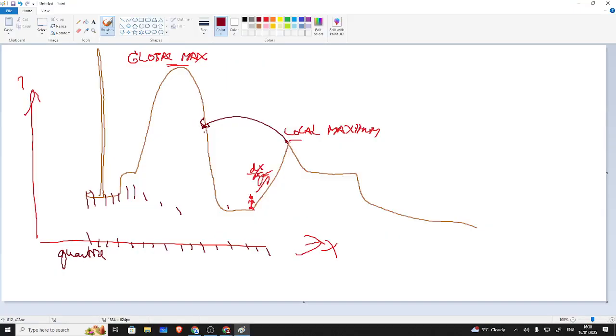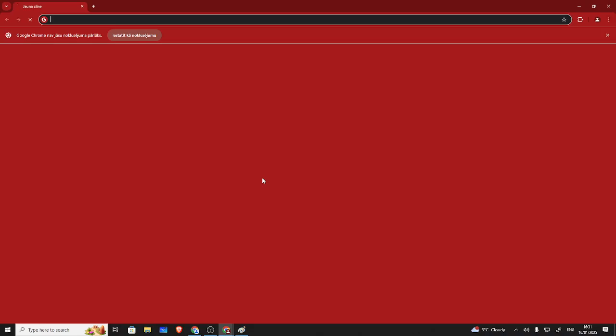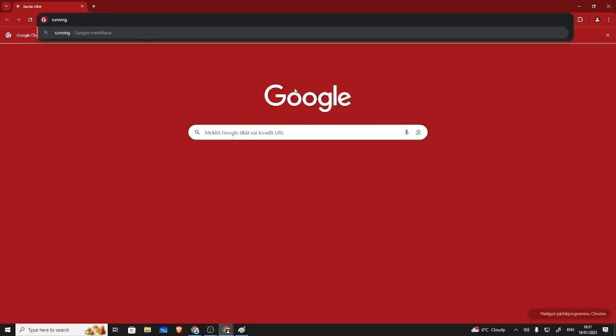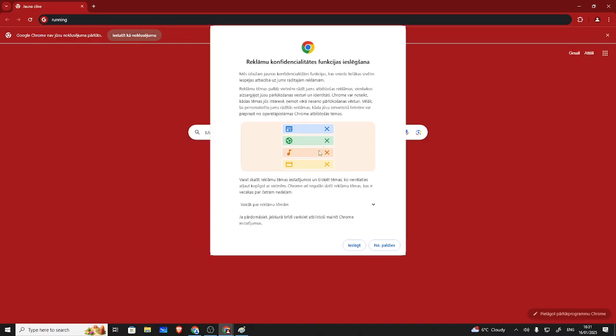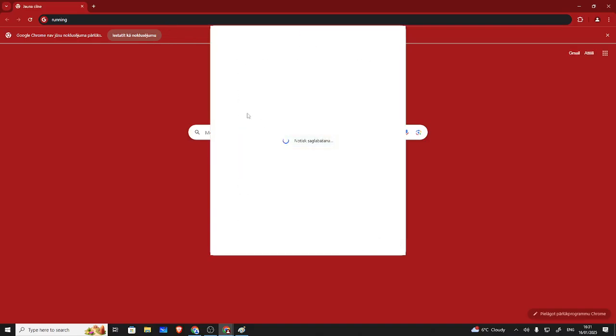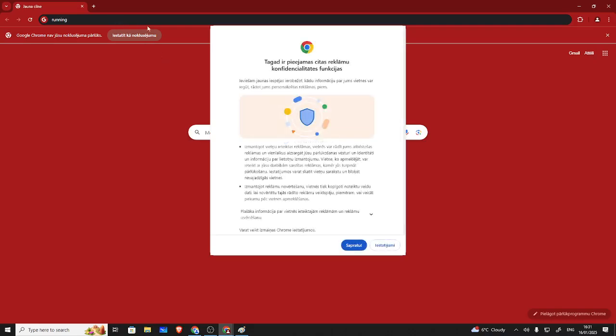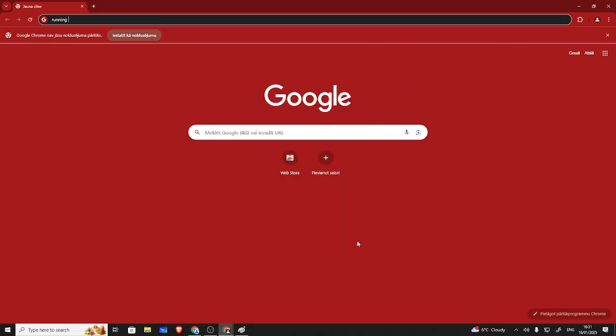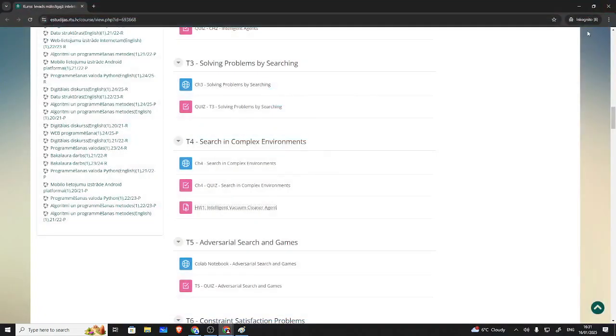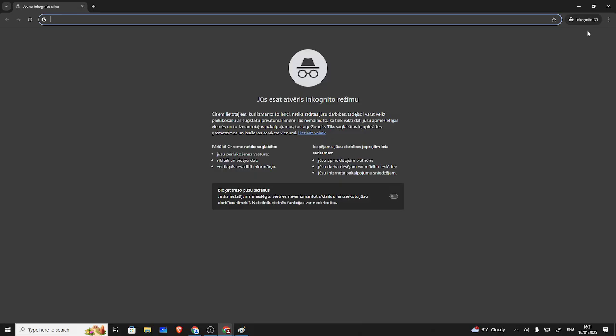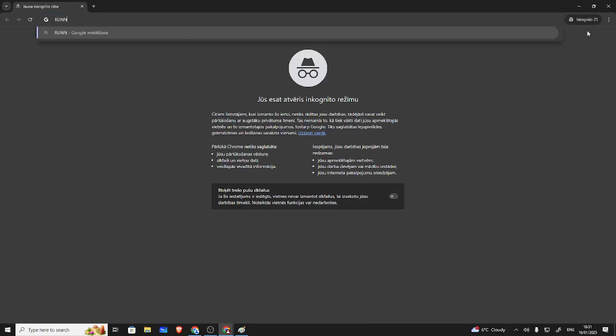Let me see here. Running, oh, come on. What is this? Why is it red? No, Valdis. I'll do Control Shift N again. All right. Okay, so running genetic algorithm game, I think it was.